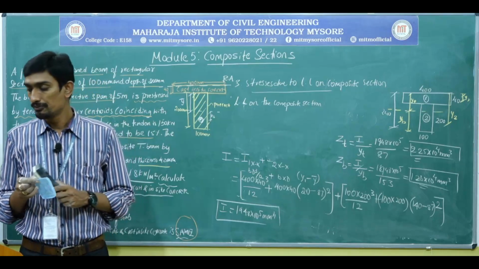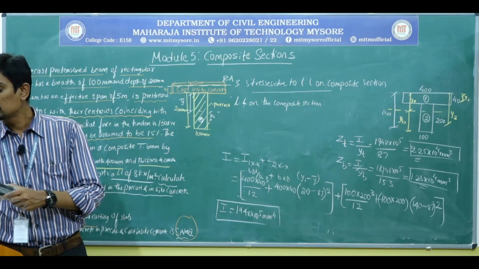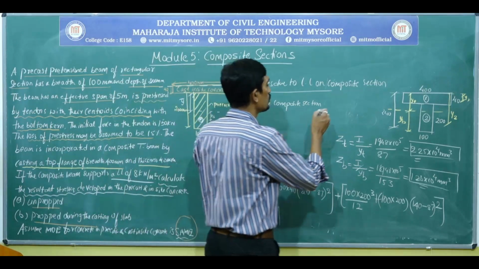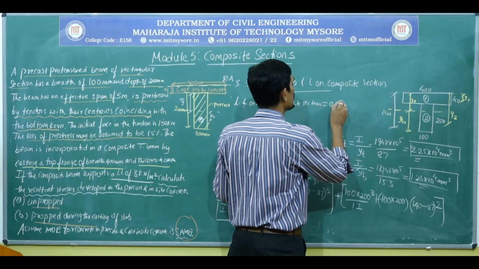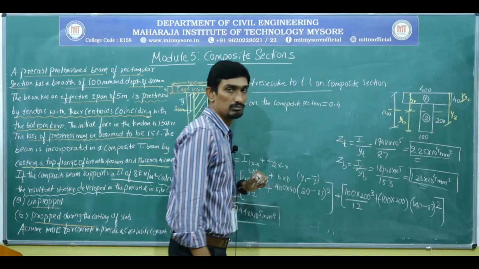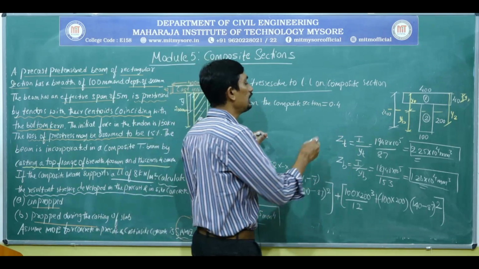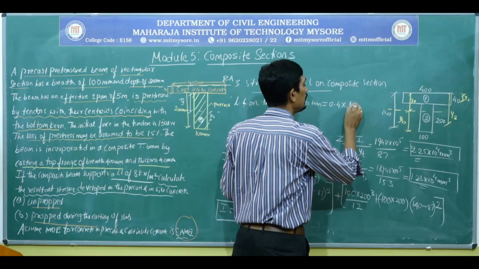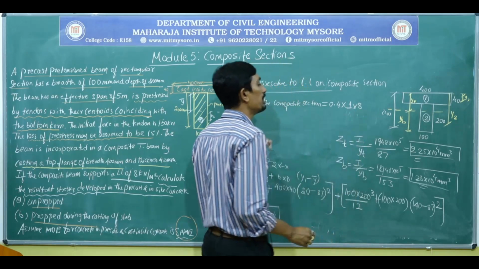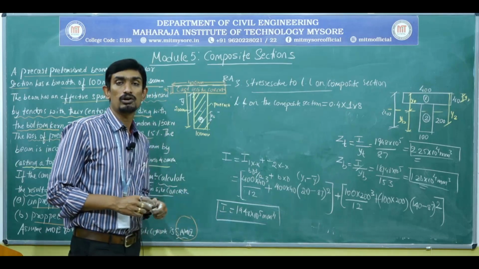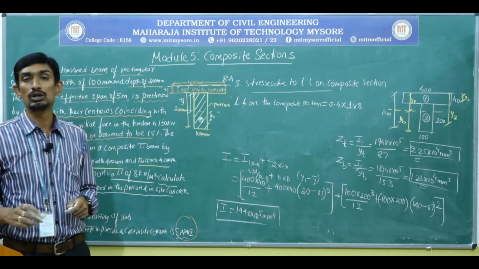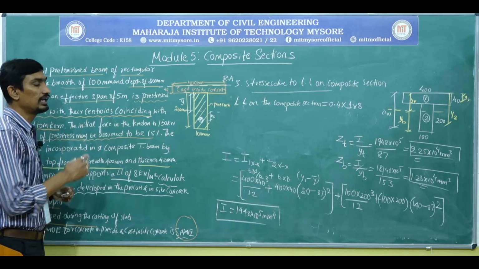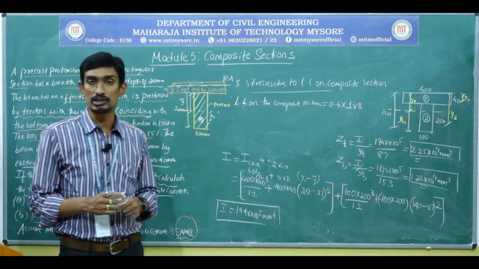Now since I am going to calculate per meter, we need to be very careful. This load will be distributed like this: 0.4 into 1000 millimeter, that is 1 into 8 kilonewton per meter square, because we need to consider the live load in kilonewton per meter. In the problem they have clearly mentioned 8 kilonewton per meter square.